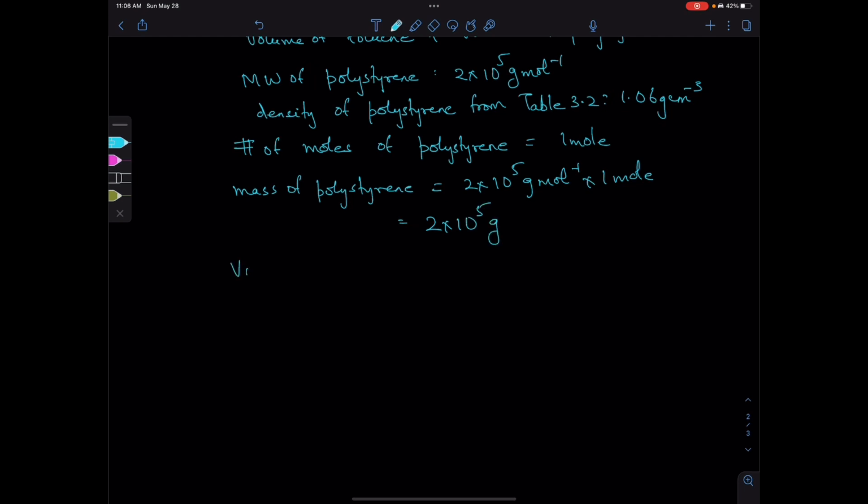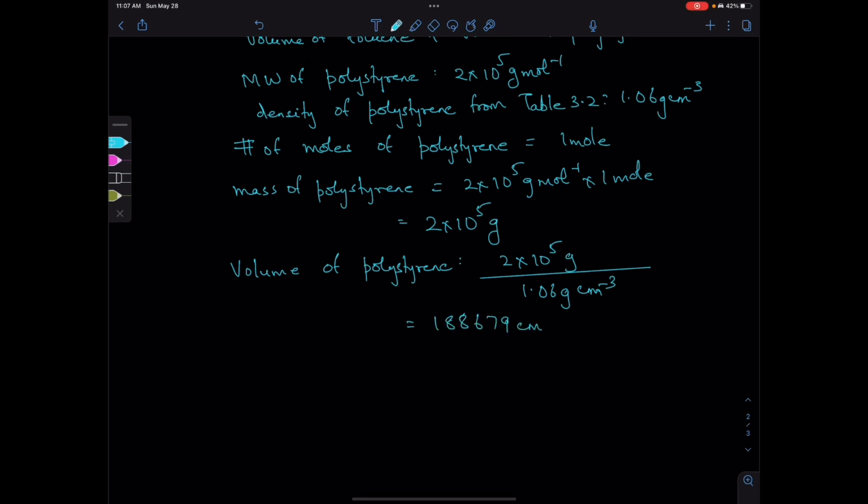So volume of polystyrene is mass over density, which is 2 times 10 to the power 5 grams over 1.06 grams per centimeter cube, which is 188,679 centimeter cube.